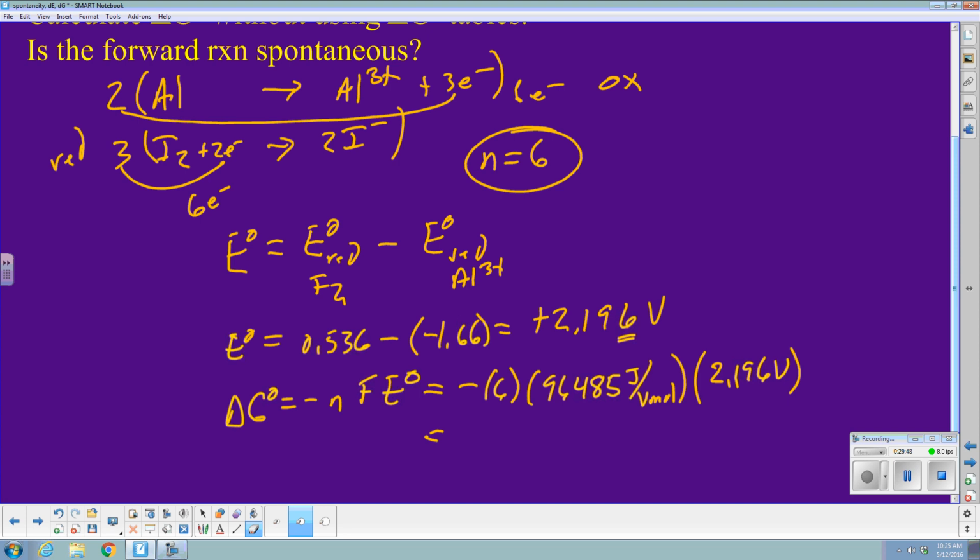Run the numbers. 2.196 times 96485 times 6, and that gives me a big number, like a negative 1271286 joules per mole. Let's go to 3 sig figs. And what do we get? We get a negative 1270 kilojoules per mole.